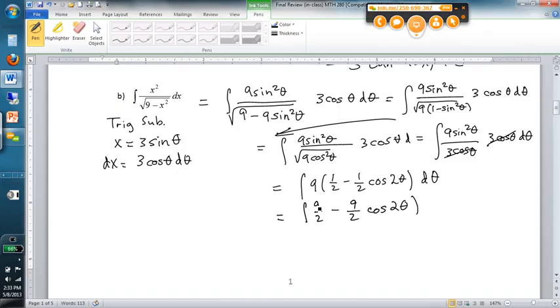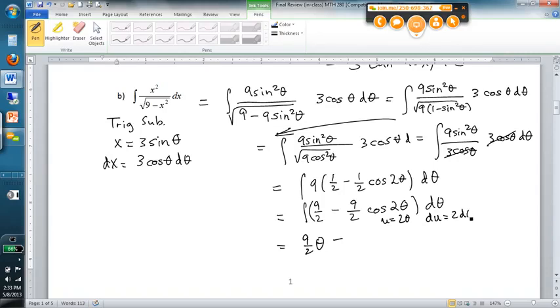The antiderivative of 9/2 is just 9/2 theta. What about the 9/2 cosine 2 theta? That's just a little U substitution. U equals 2 theta, du would be 2 d theta, so du over 2.